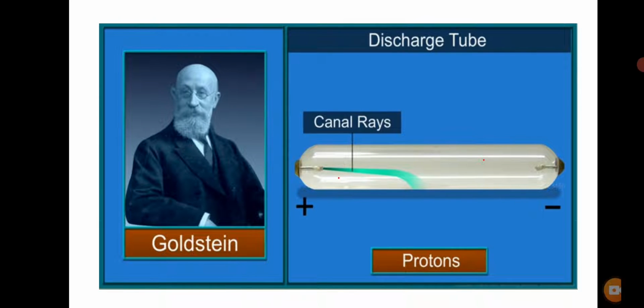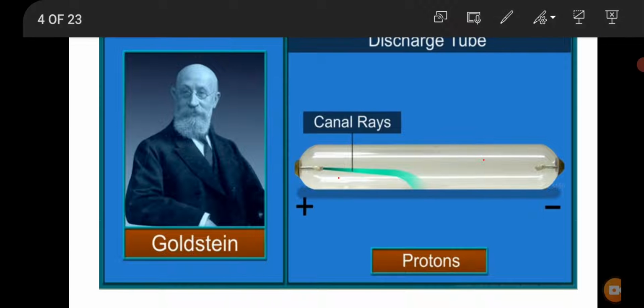protons. In 1886, scientist called E. Goldstein performed an experiment in a discharge tube, and he found that certain rays are emitted from the anode, the positively charged electrode. There were two electrodes, positive and negatively charged, on both ends, and he found that certain rays are emitted from the positively charged electrode, and he called these rays canal rays.